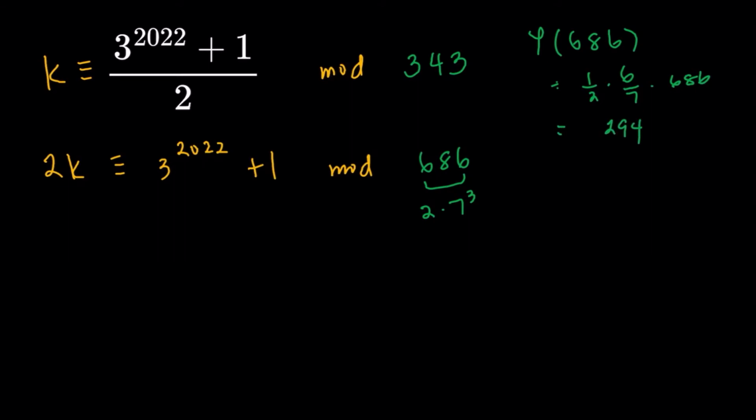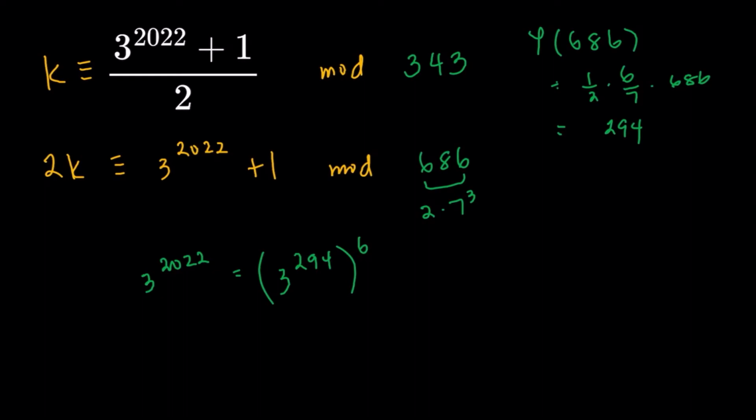All right, so 294. So 3 raised to 2022 is the same thing as 3 raised to 294, raised to, I believe, 6. So 294 raised to 6.